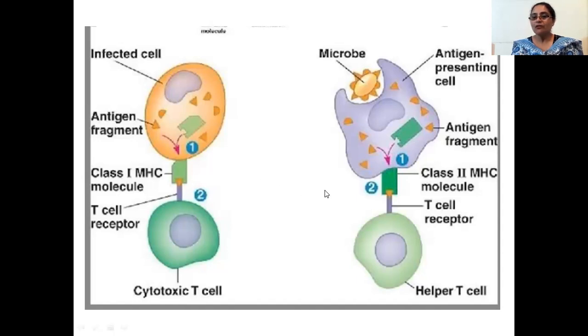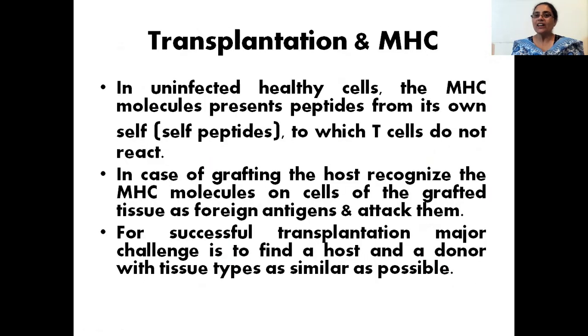So this is the functional difference between MHC class 1 and MHC class 2. MHC class 3 are the ones which help in secretion of certain complement activating system and all. More work is not available on MHC class 3. What we have to concentrate on is MHC class 1 and MHC class 2.